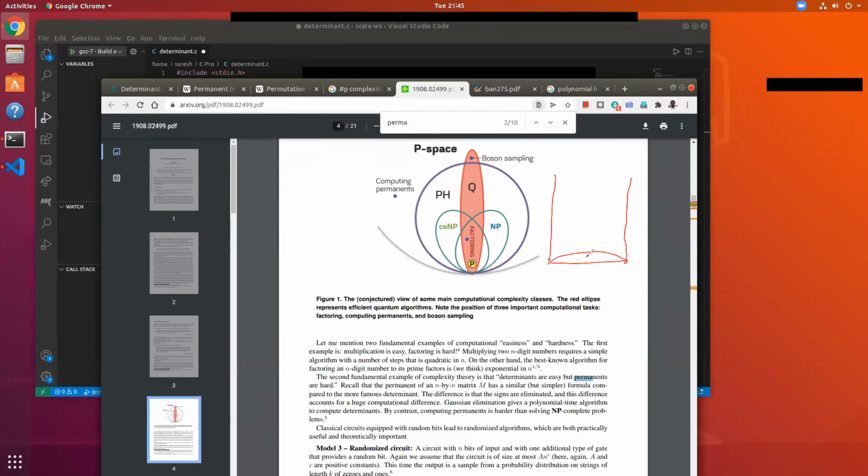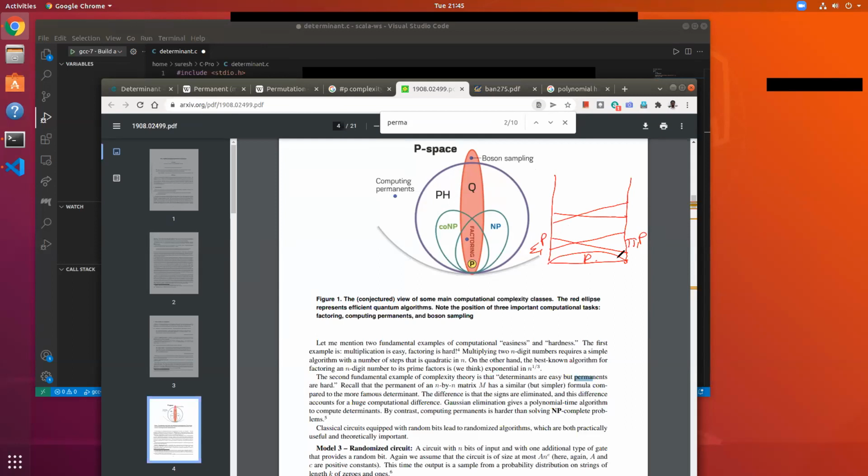You have some set of problems which are solvable in polynomial time. And then there is one class of problems which we call sigma 1p, another class of problems which we call pi 1p. Like that, there is an infinite hierarchy of problems, and we call it the polynomial hierarchy.